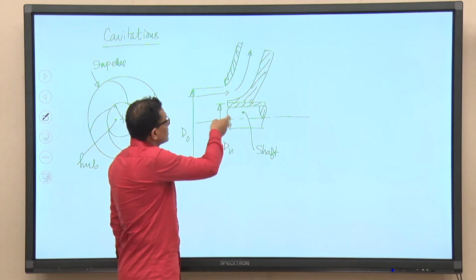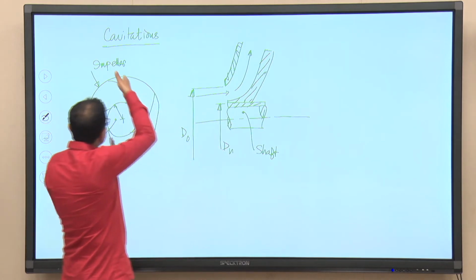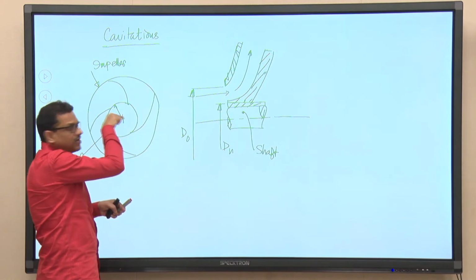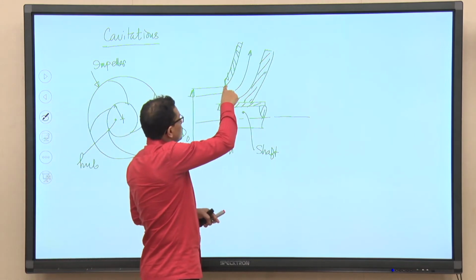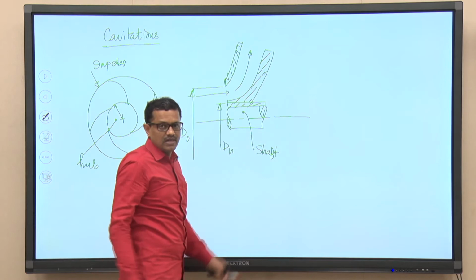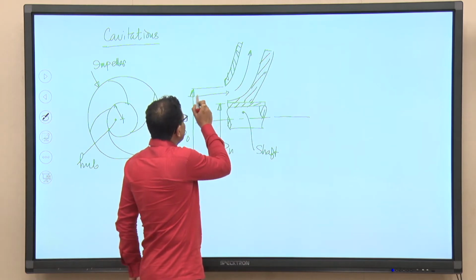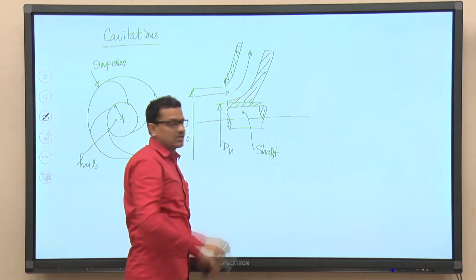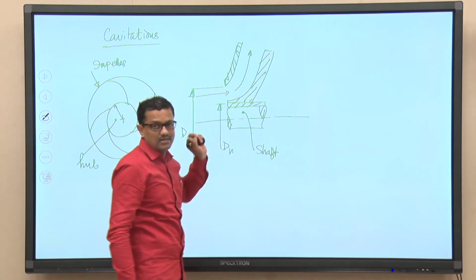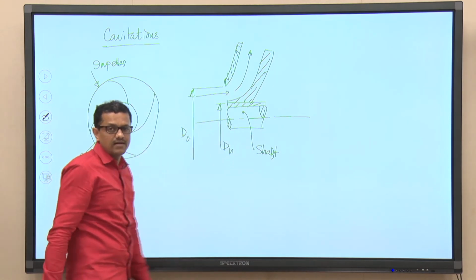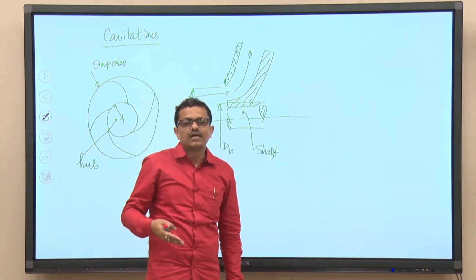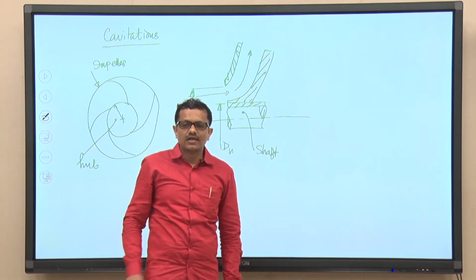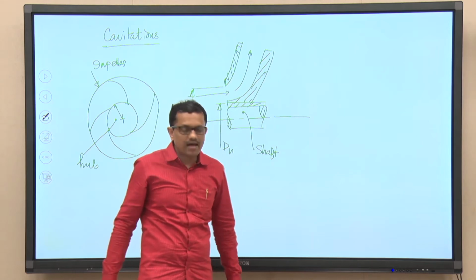If we see this impeller from this side, we will have a geometry like this, and the liquid coming through the suction line will have a direction change from the axial direction to the radial direction. There is a change in flow direction, that is fine, but what will happen?